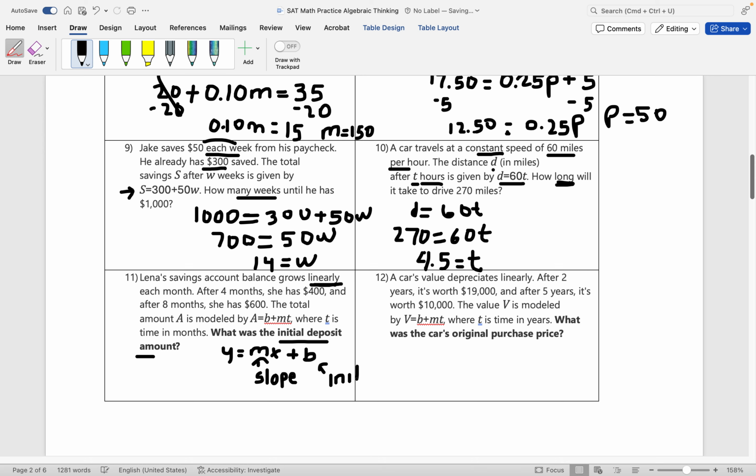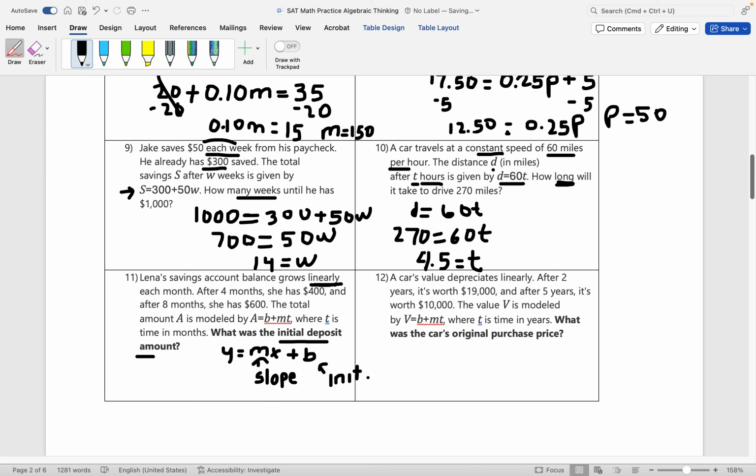Okay, so the B is the initial value. So if you look at the equation they gave me, it's the same equation, just they put different variables because instead of X, they're using the letter T, which is the time, and instead of Y, they're using the letter A. So it represents the total amount. And it's the same exact equation, it's just the B is in front instead of at the end, but it's still being added.